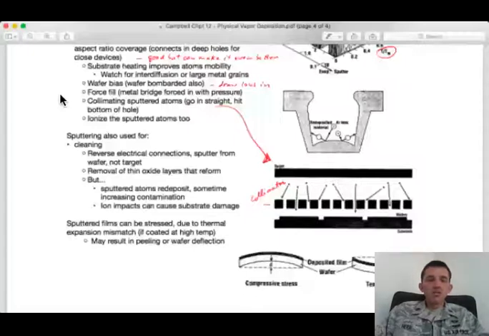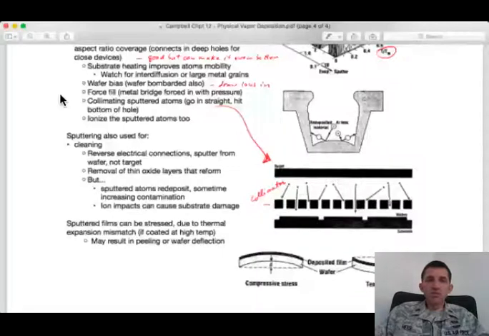You can also increase the deposition rate by increasing the plasma density using magnetic fields. We talked about this in the plasma chapter, right? If I have a magnetic field, these electrons and ions are going to be swirling around, which is going to increase the probability of creating more ions through collisions, which increases the number of collisions on our targets and the amount of atoms that are ejected out.